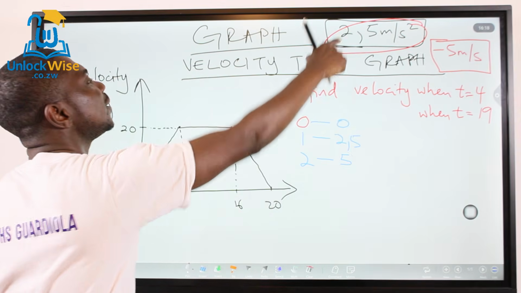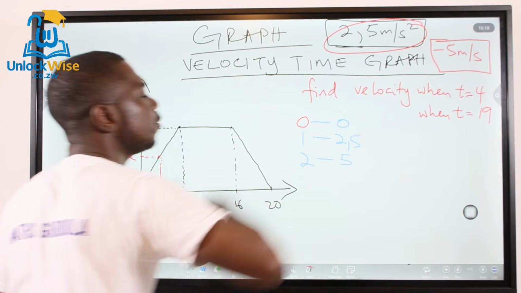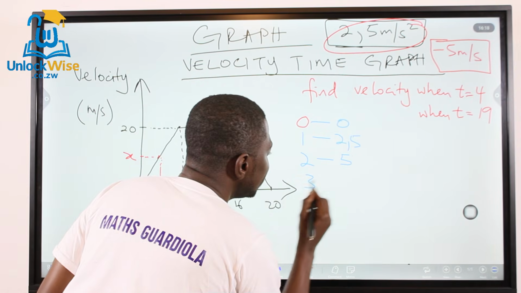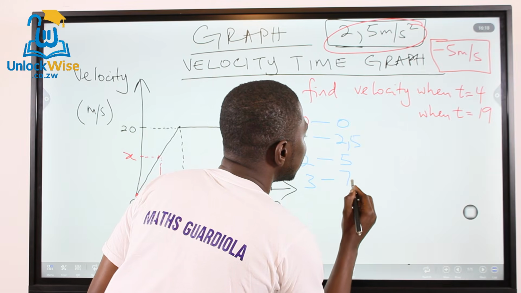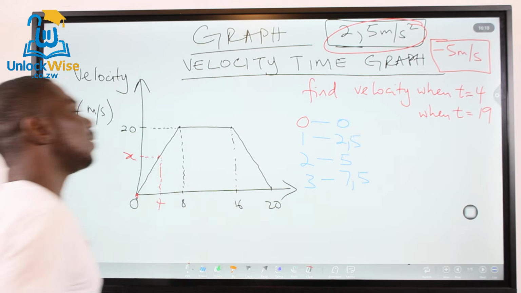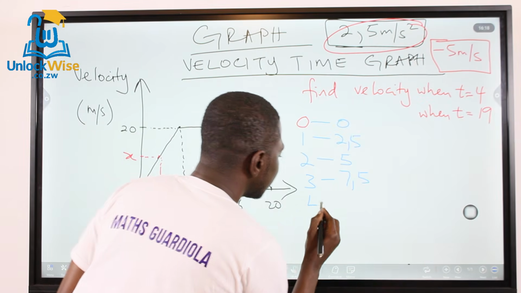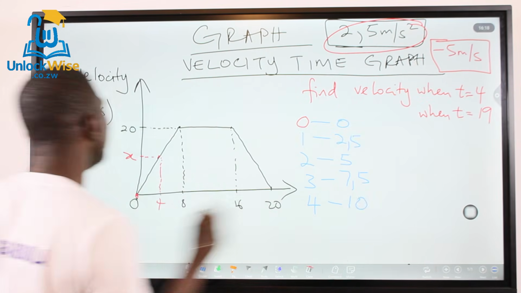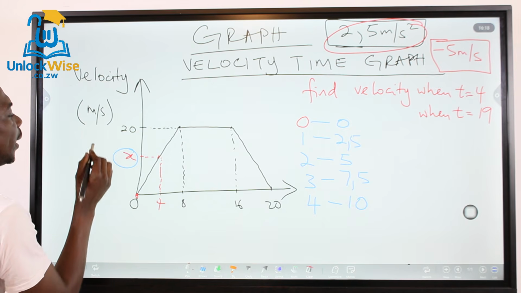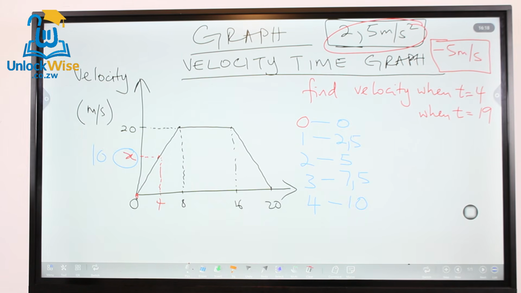Because 2.5 plus the acceleration, which is 2.5, we get 5. On the third second, we add 2.5. And we will have this as 7.5. The other second, we add 2.5 and we have 10. Which now means that here our x is equals to 10.